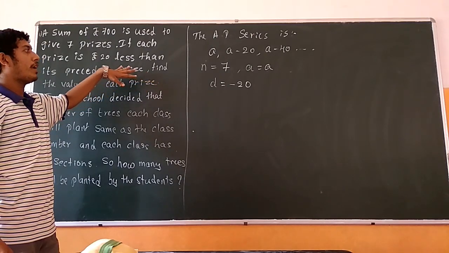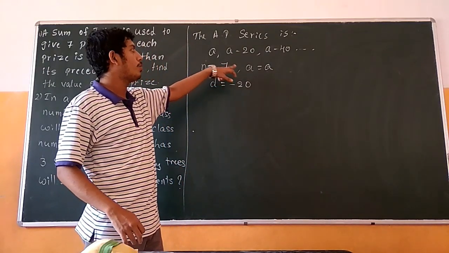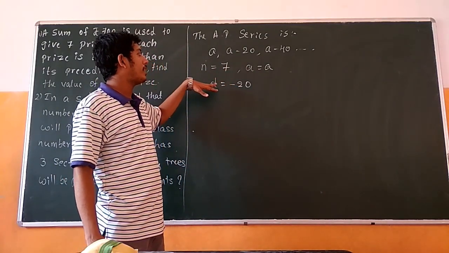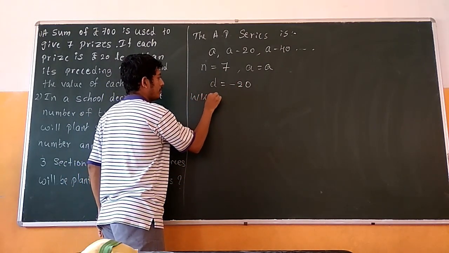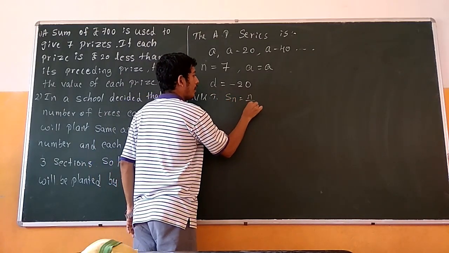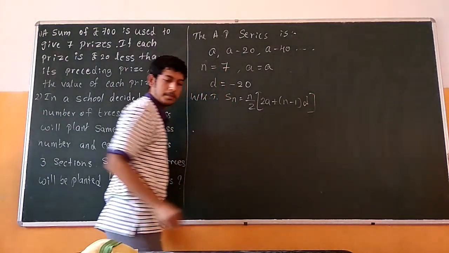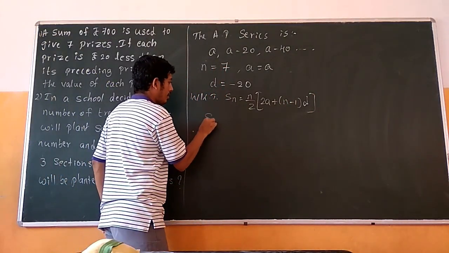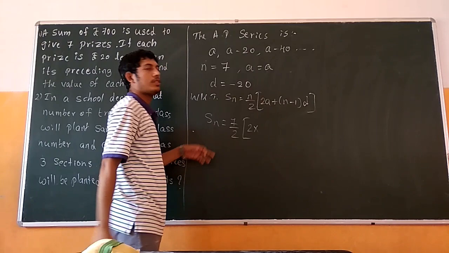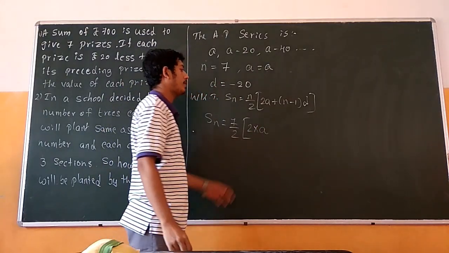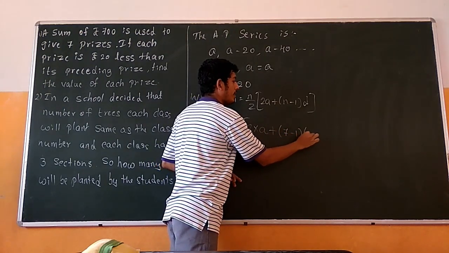And now we have to find Sn by using the formula n by 2 into 2A plus n minus 1 into D. So Sn is equal to n by 2 into 2A plus n minus 1 into D. The n value is 7, so 7 by 2 into 2 into A, the value of A is unknown, so I will write that as A only, plus n minus 1, it becomes 7 minus 1, and the value of D is minus 20.